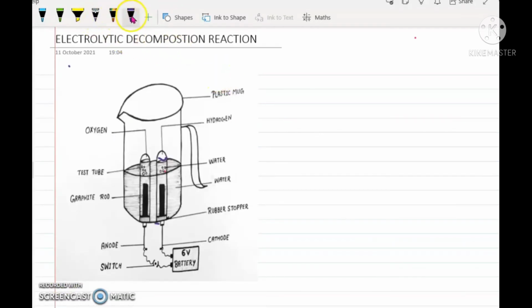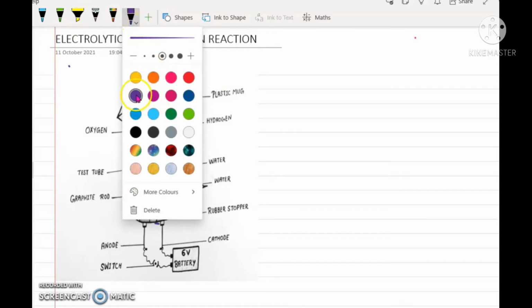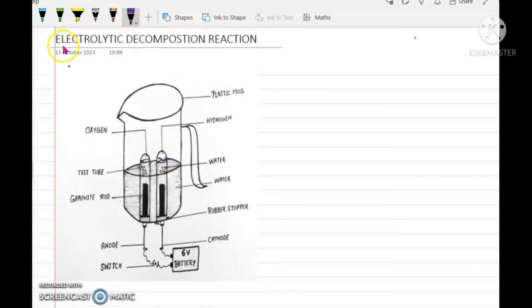Talking about the electrolytic decomposition reaction, if I ask what is electrolytic decomposition, you will answer that when a reactant breaks down into a number of products with the input of energy in the form of electricity, it is referred to as an electrolytic decomposition reaction.